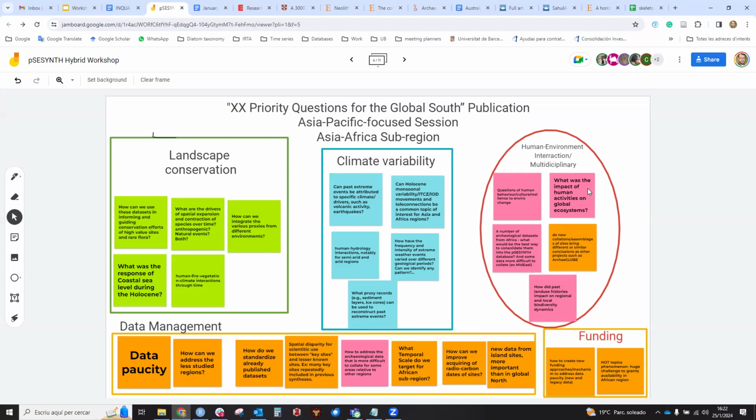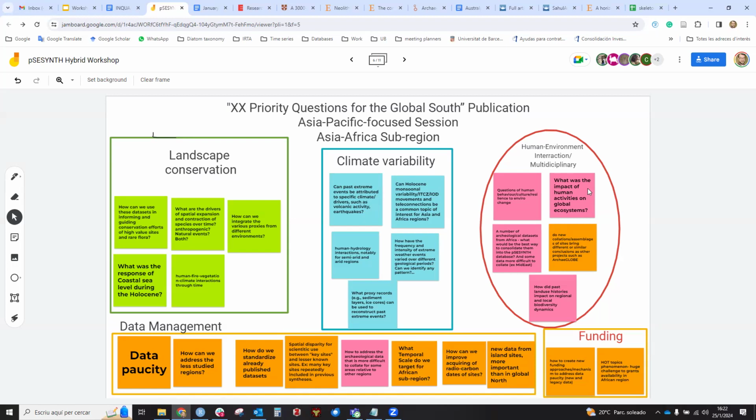Maybe I can just give an overview of what we grouped them into. So the first grouping was more like the landscape and conservation issues. So how we can use this data set to guide conservation within this region, and also, for example, in looking into the human and fire vegetation complexity or interaction.